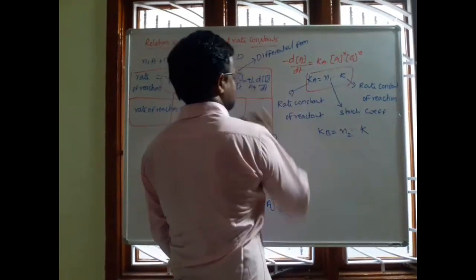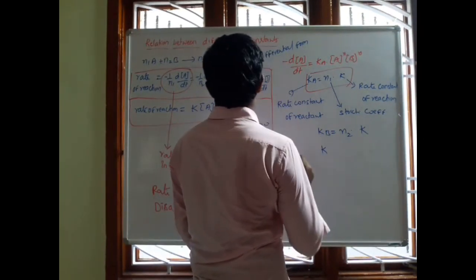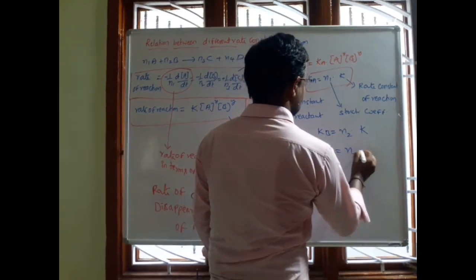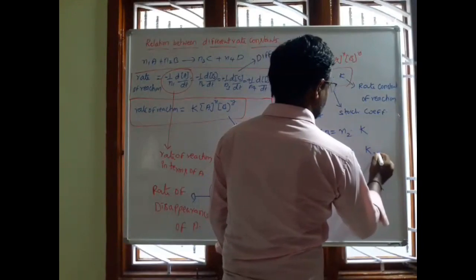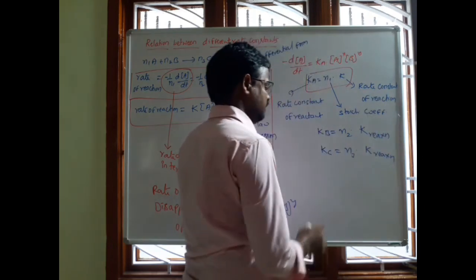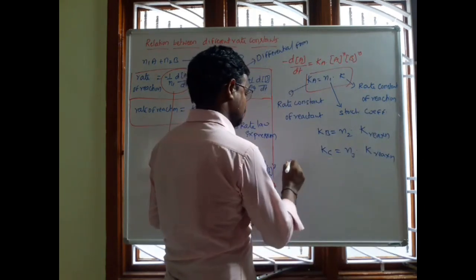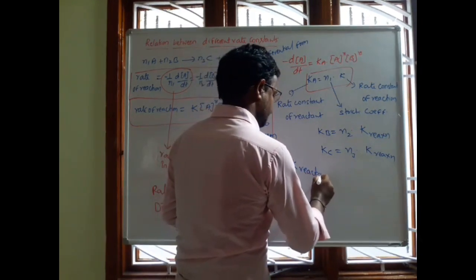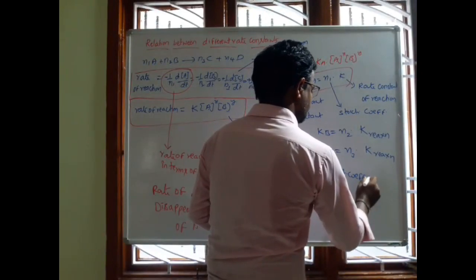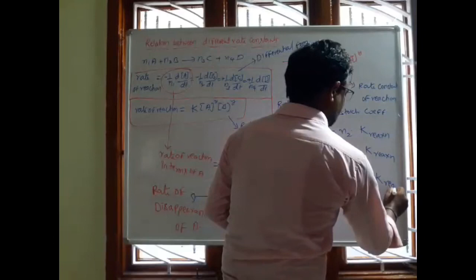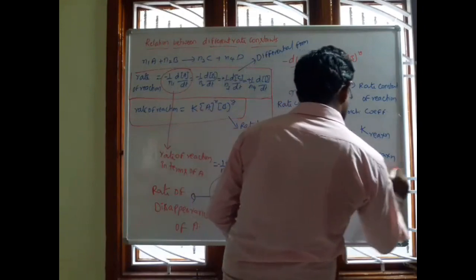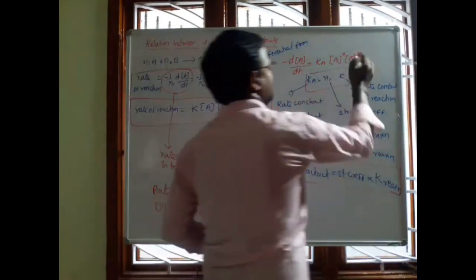Similarly, for product C, the rate constant Kc equals its stoichiometric coefficient N3 into the rate constant of the reaction. So the rate constant of a reactant equals its stoichiometric coefficient into the rate constant of the reaction. It is the general equation, which is obtained from this expression.